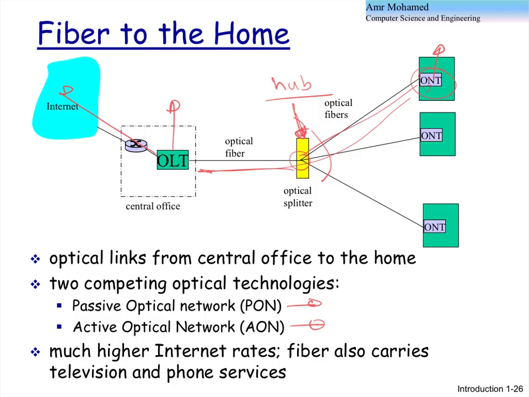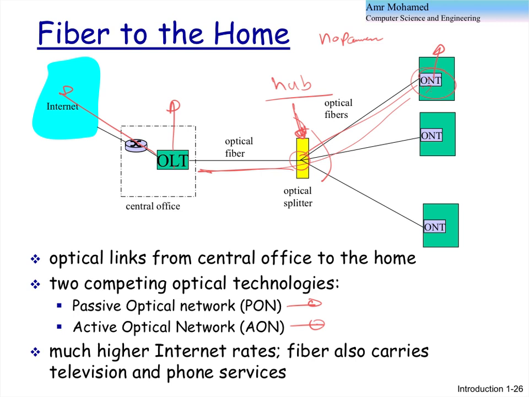The implication of this is that this optical splitter has no power. You don't need to plug it into any power. It doesn't require electricity. It's just a physical device that receives a signal and splits it to all the ports.